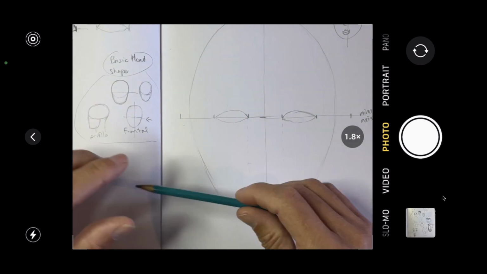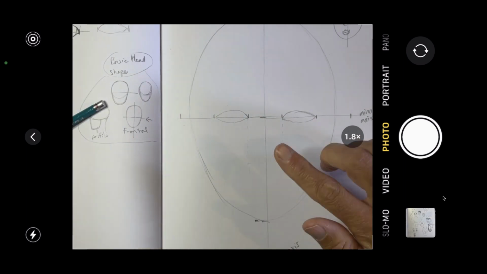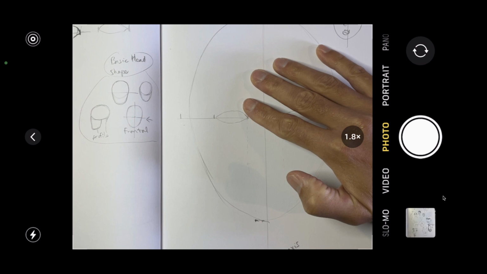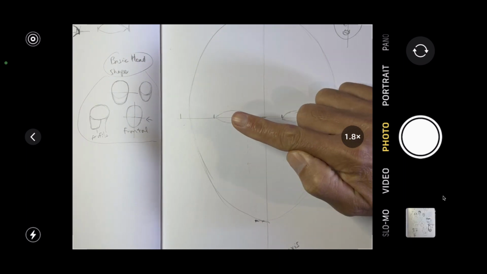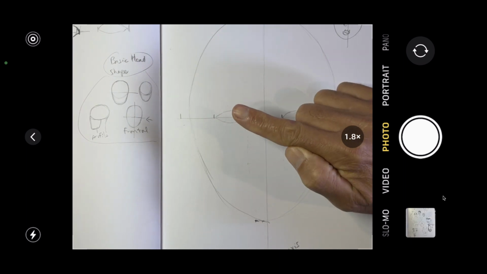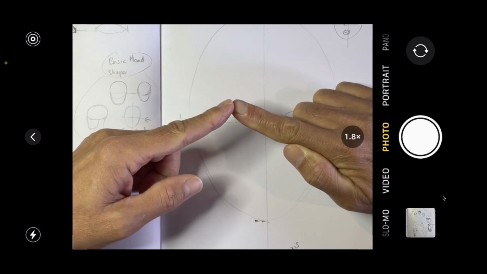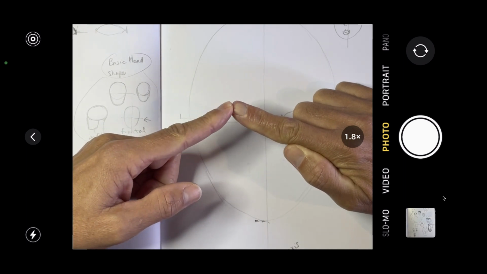Now here's a fun little trick you guys could do right now. Take your hand and put your thumb on this joint right here, and then line up the tip of your nose right here and put the tip of your index finger between your eyes.